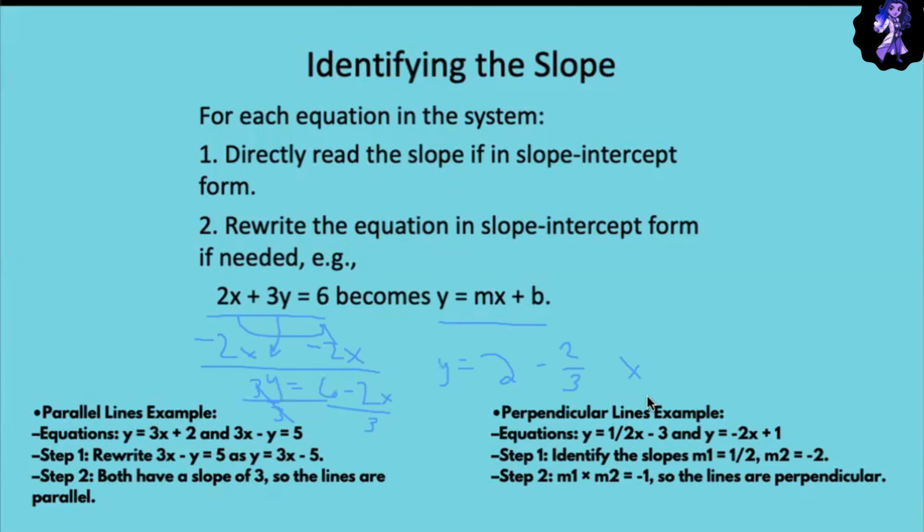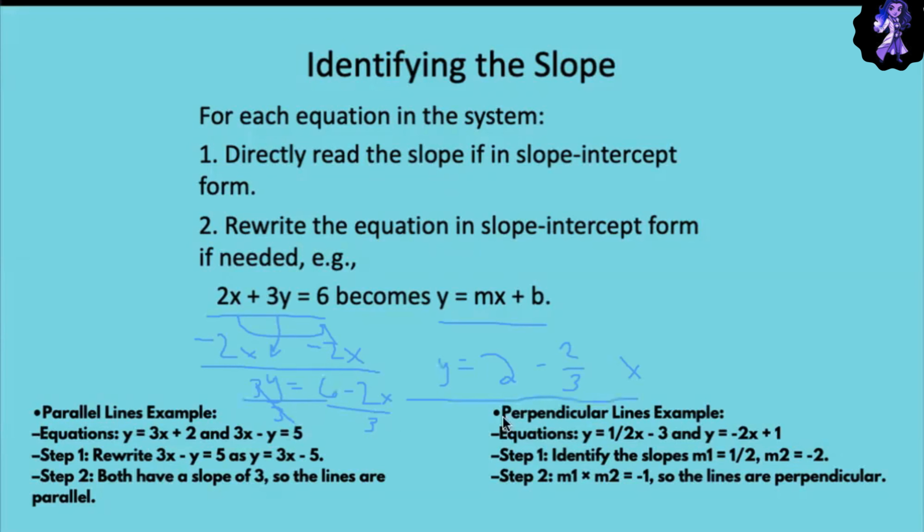So if we're given something like that, we now know that we have it written y equals mx plus b because we brought over the 2x to the other side, divided everything by 3.